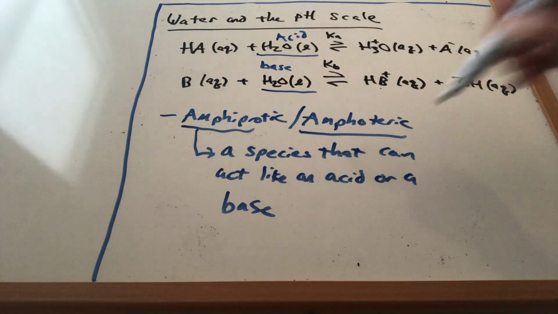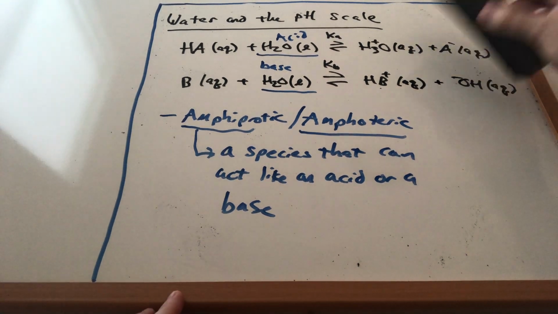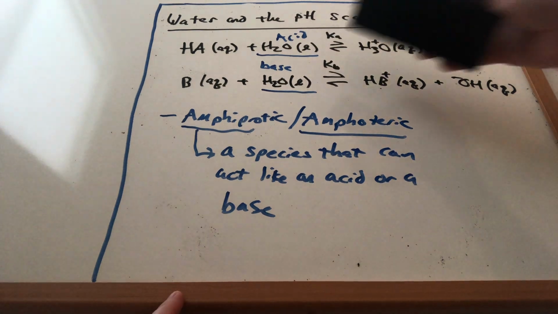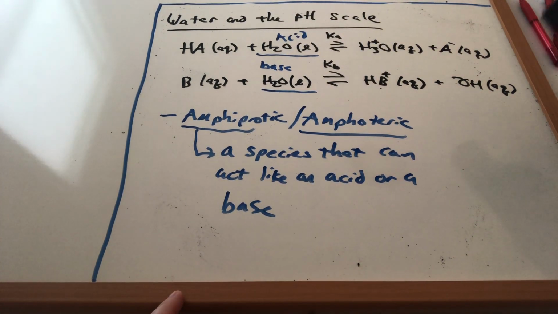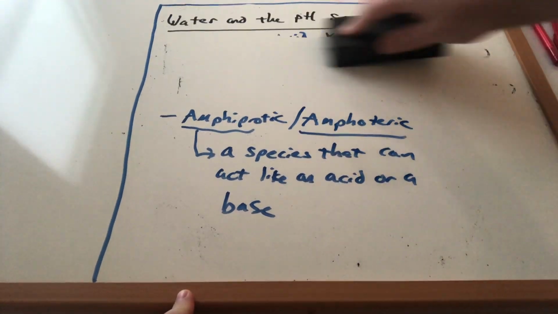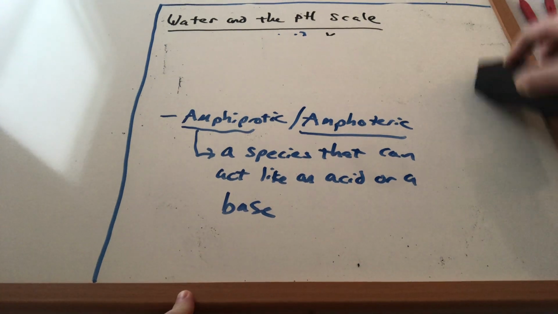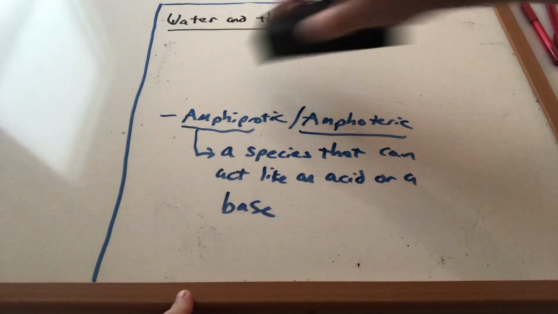It's amphiprotic or amphoteric. And this really leads to some really interesting things about water, because if sometimes it acts like an acid and sometimes it acts like a base, and it just depends what else is with it in solution, what about when there's nothing with it in solution? Pure water doesn't have just H2O in it.